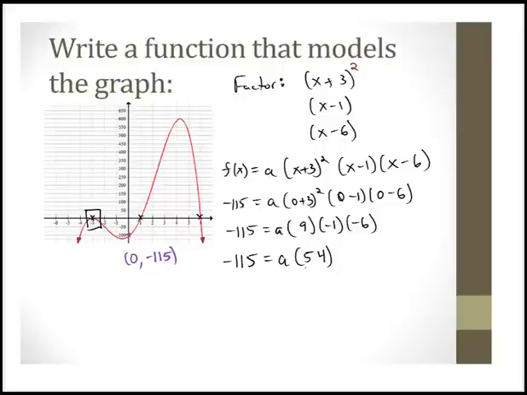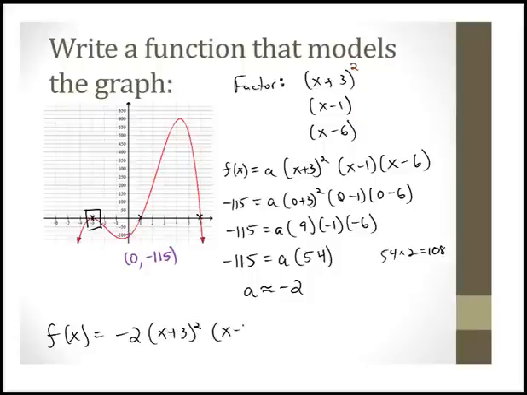So negative 115 over 54, notice that that's about negative 2. Notice that 54 times 2 is 108. So I'm going to guess that a is approximately negative 2. So my function then is f of x equals negative 2 times (x plus 3) squared times (x minus 1) times (x minus 6).